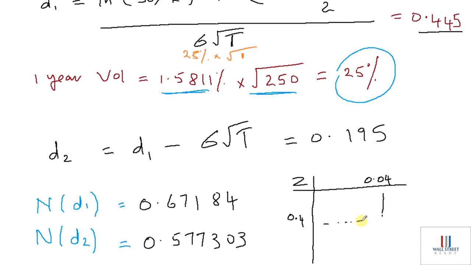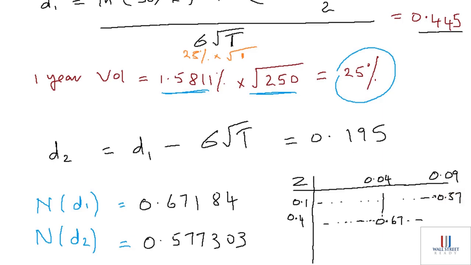Somewhere here where these two meet, you'll have 0.67, etc. Now for this one, 0.195, you have 0.1 here, and 0.09 will be here, so 0.19, you'll find this value here, which will be 0.57.